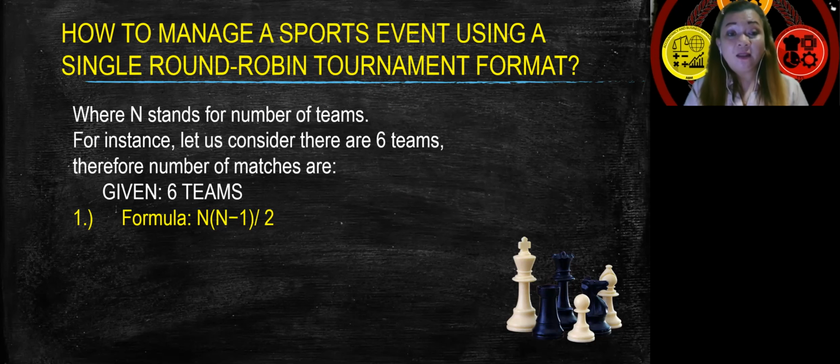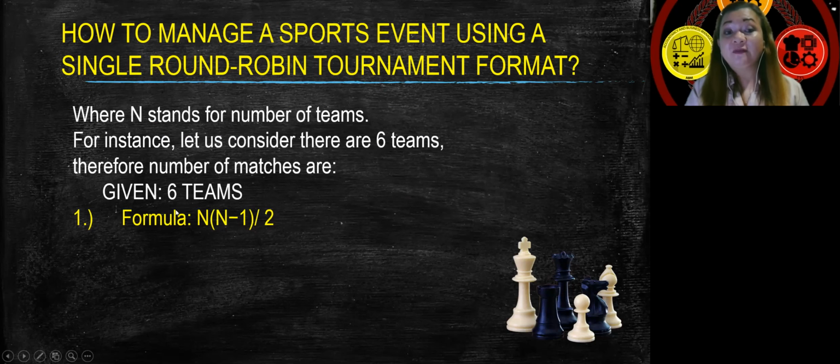As I said while presenting the cyclic method a while ago, the formula is N multiplied by N minus 1, divided by 2. This is the first method that you will use.